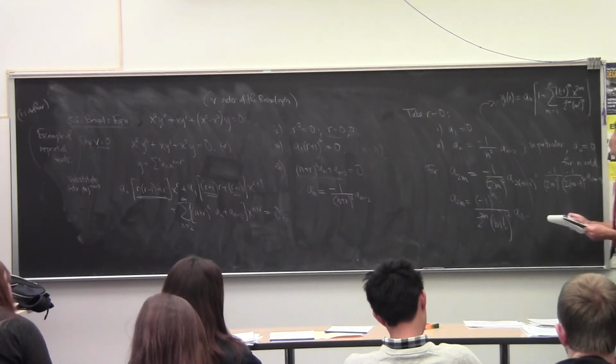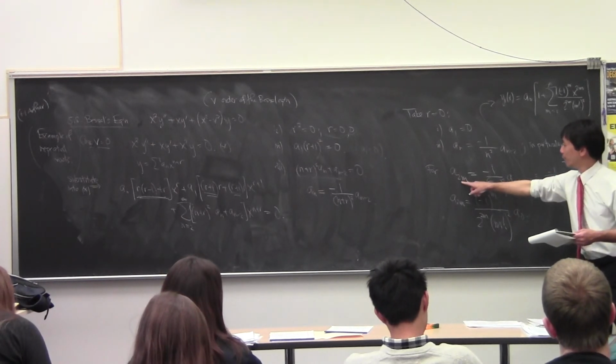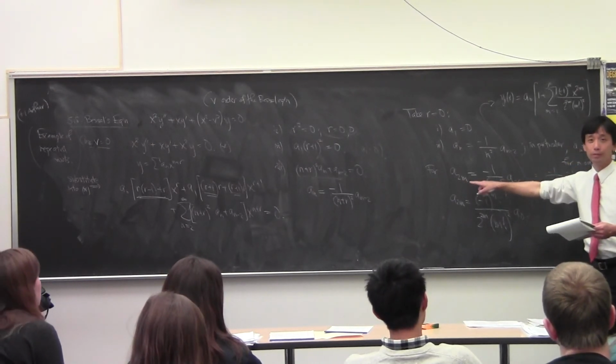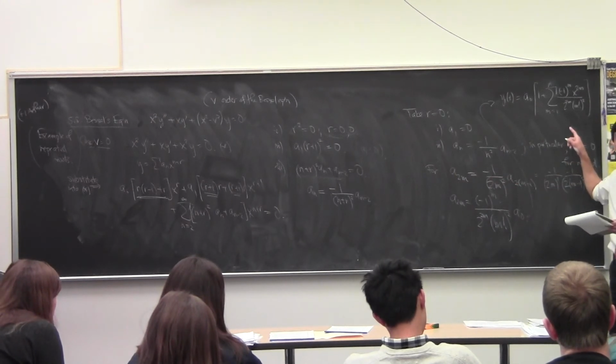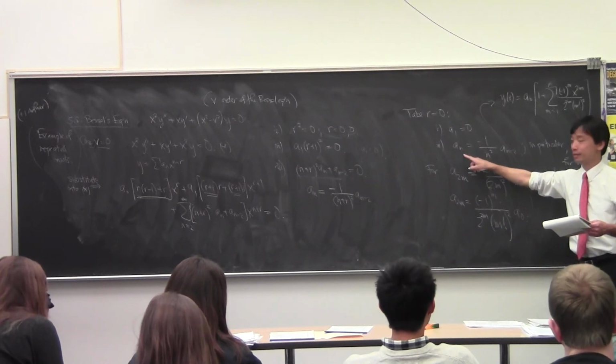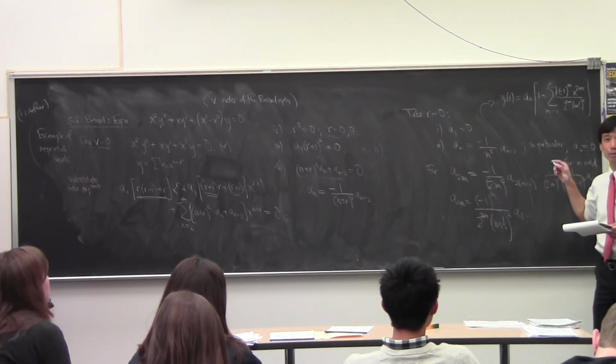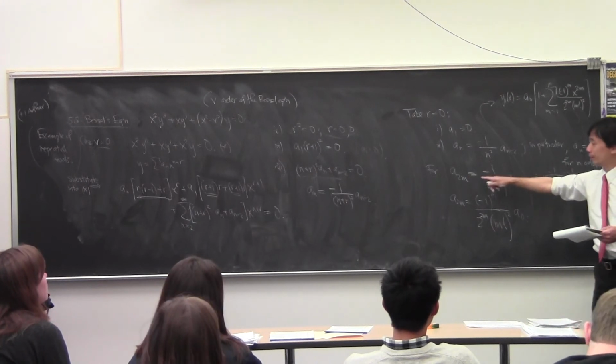Where do we get that x to the 2m from? The a sub 2m are the coefficients for the x to the 2m. Each of these is a coefficient for x to some power, and we saw that all the odd powers have zeros as coefficients. So we're only left with the even powers.